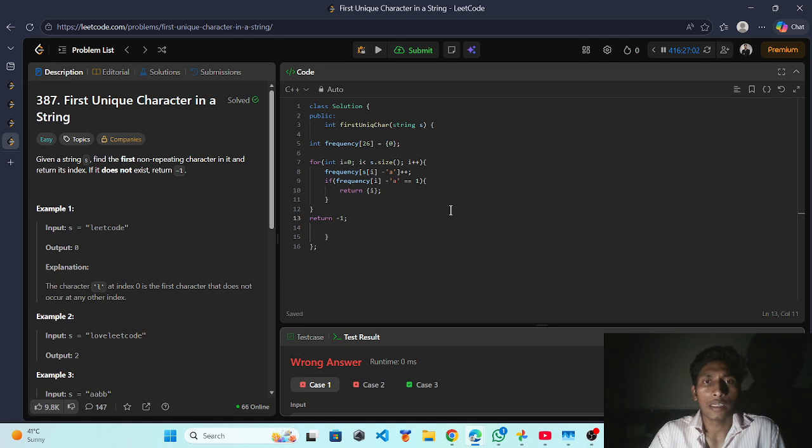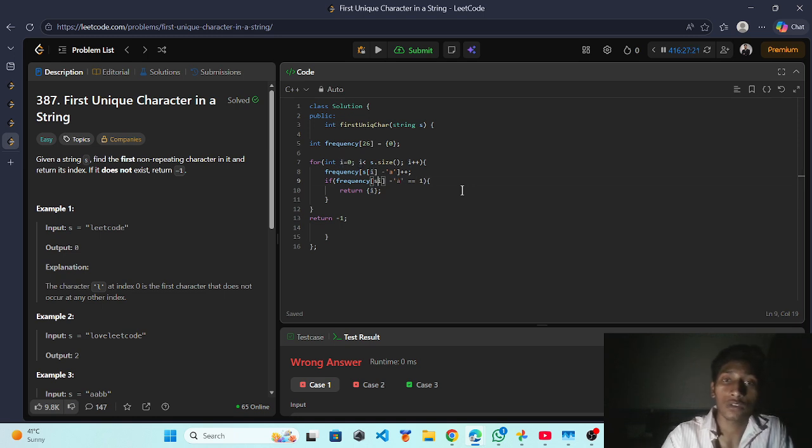We have to apply the index here: not frequency of i, but frequency of the i-th character of string s minus character 'a', and now it will be right.